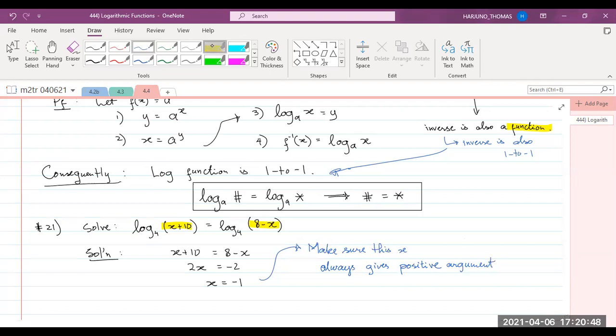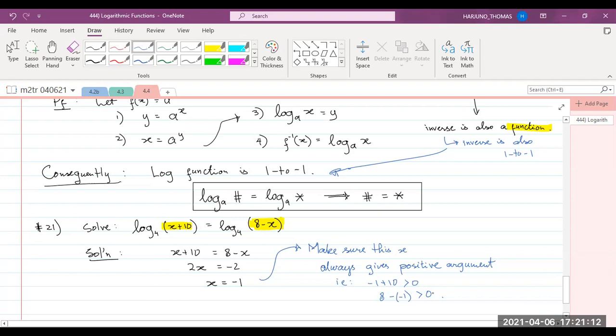In other words, when you plug in x equals -1 here, you get positive, in this case positive 9, right? When you plug that here, it's also positive. So in this case, -1 plus 10 is positive. 8 minus -1 is also positive.